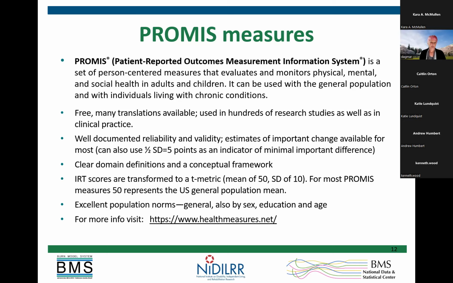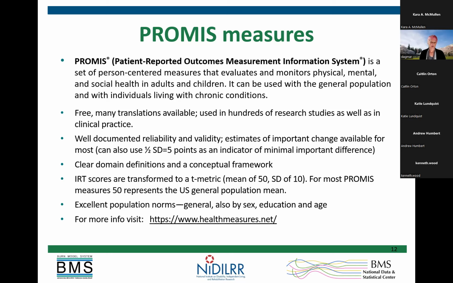All Promise measures have clear definitions and a clear conceptual framework. They are all scored using item response theory, and the IRT scores are transformed to a T metric. That means the mean of 50 and the standard deviation of 10.